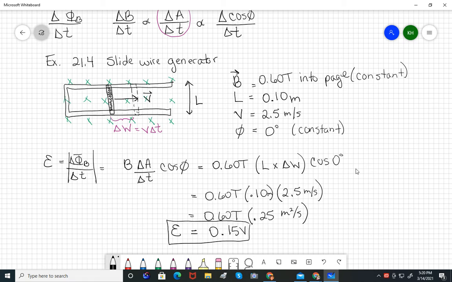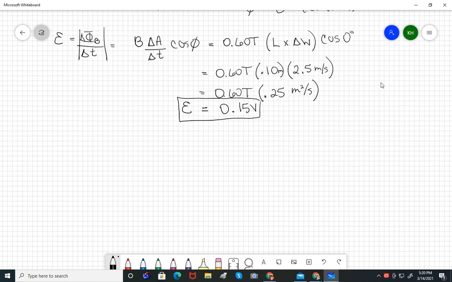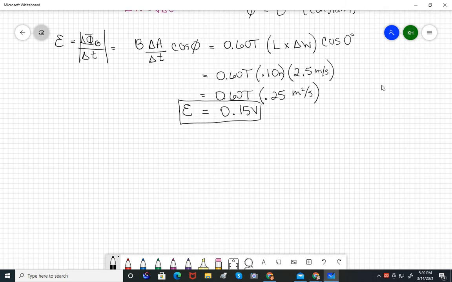Let me work it the way I worked it in my notes. I worked it a little bit more symbolically in my notes. Let's go back to this idea that E is change in flux per unit time, which in this case would be B, change in area per unit time, cosine phi.